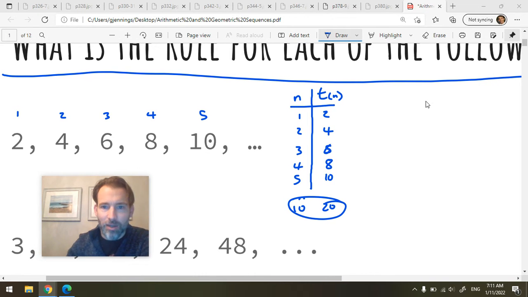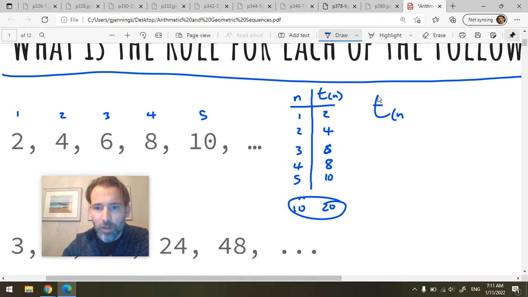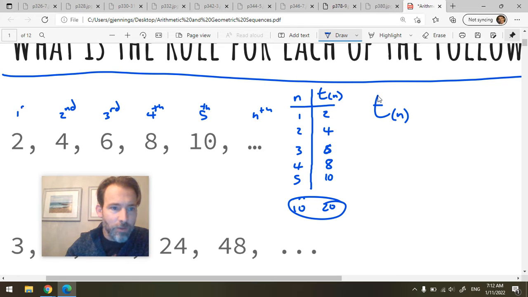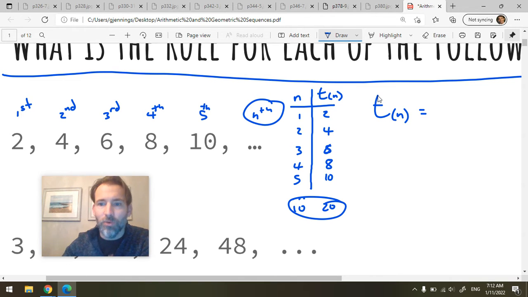You would say, well, the nth term of this series, this is the first, second, third, fourth, fifth, the nth. The nth term means number n in this sequence is going to be given by a formula, and we can write this out here.